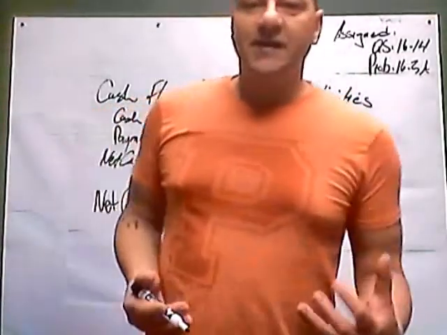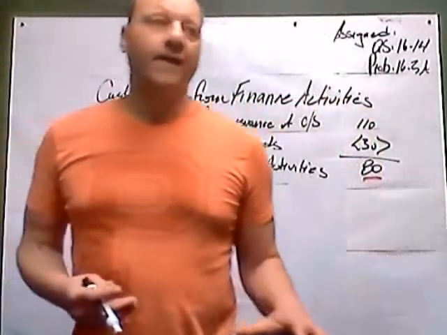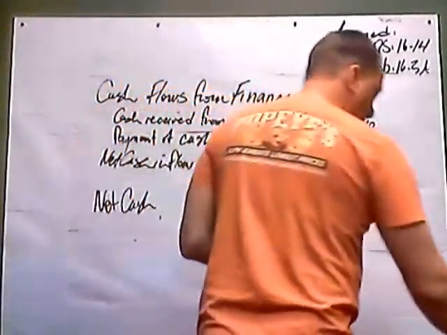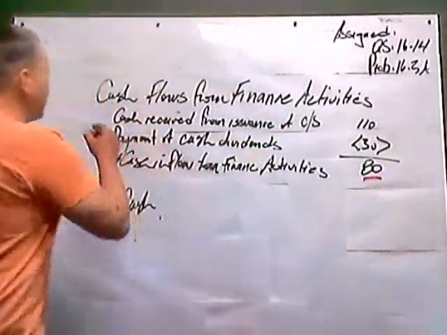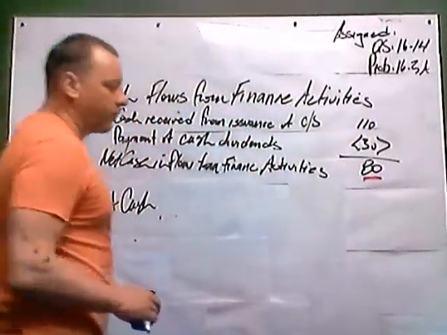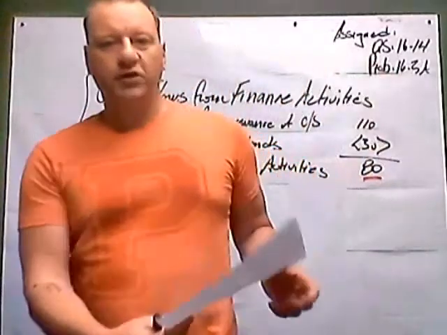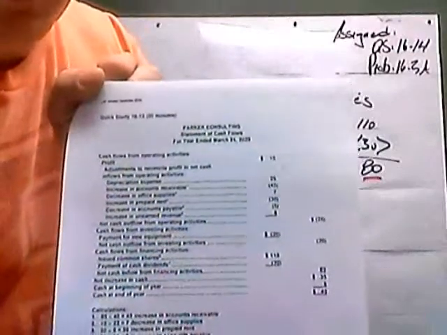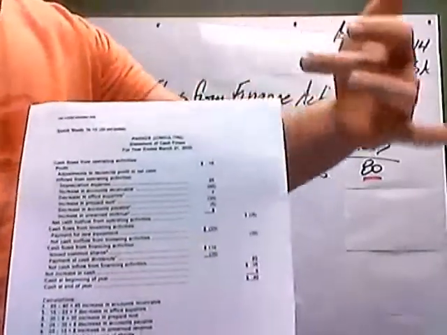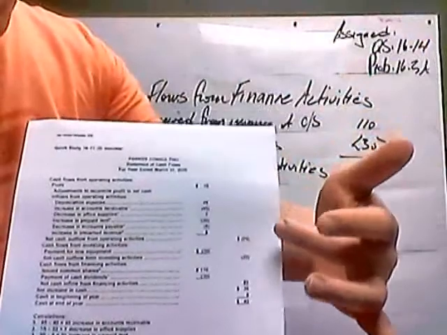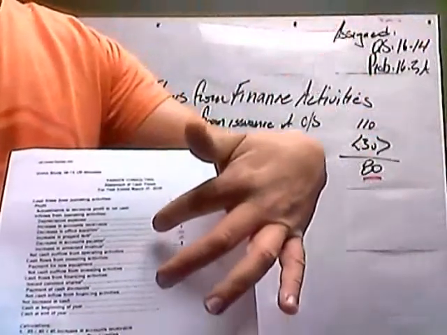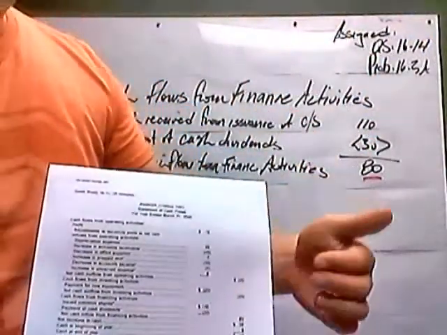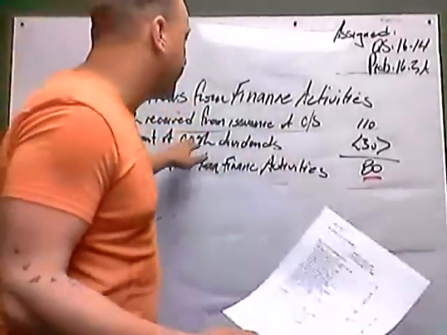I've got a small whiteboard here, and I'm going to have to start erasing part of this answer, but just remember, this makes up the finance section. Go look at your answer key right here. That is the perfect statement of cash flows, or cash flow statement. We start with our operating section, which we've already done last week. Then we go through our investing section, and complete our finance section.